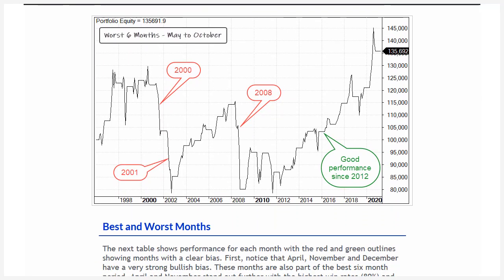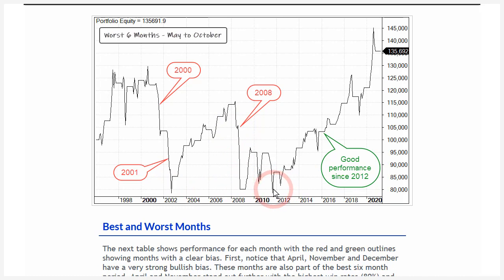So what does the worst 6 months look like? Well, you can see it doesn't look as good, but man, it's been on a tear since 2012. So, you see it goes up, and then you have the 2000, 2001 bear market, and so you get hit really hard, and you work your way back up, and then you have the 2008 bear market, and you get to almost a new low.